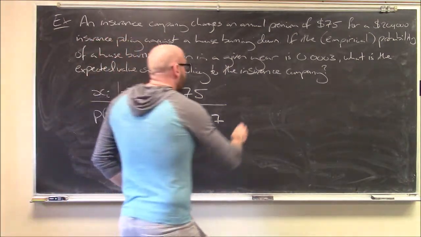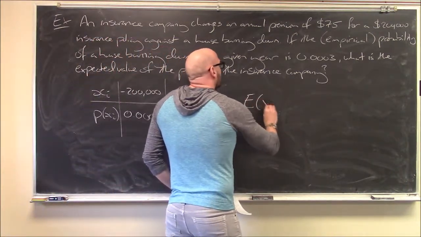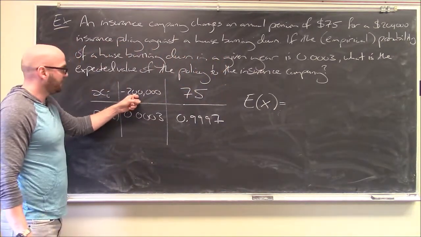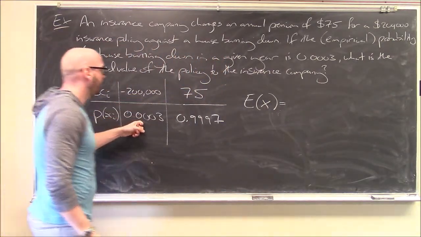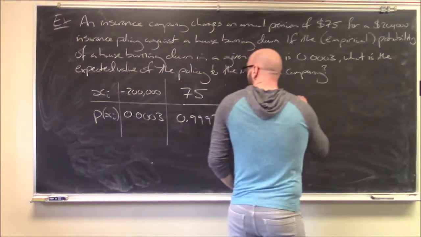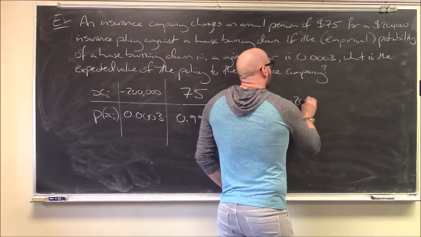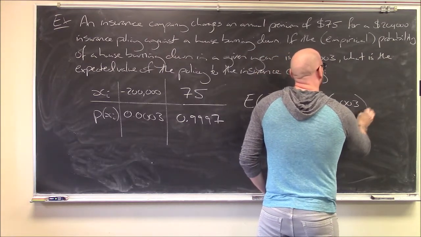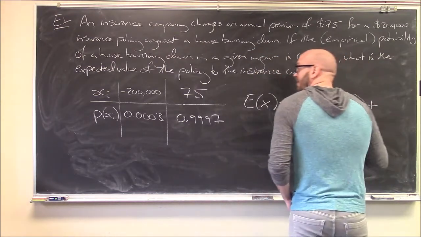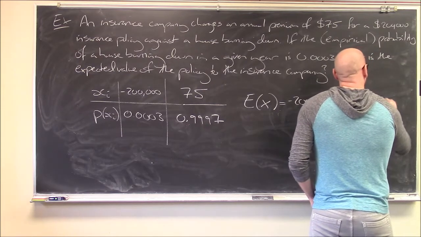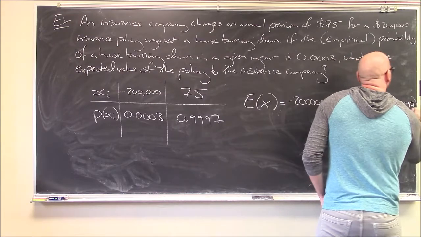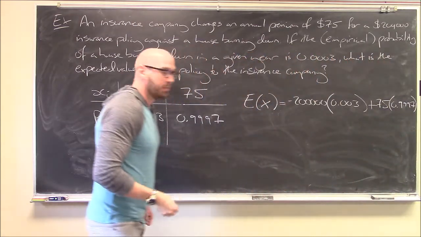So now all we have to do is compute the expected value. The expected value is each of these values times their respective probability. It would be minus 200,000 times 0.0003 plus 75 times 0.9997. Barely enough room to get on the board there.